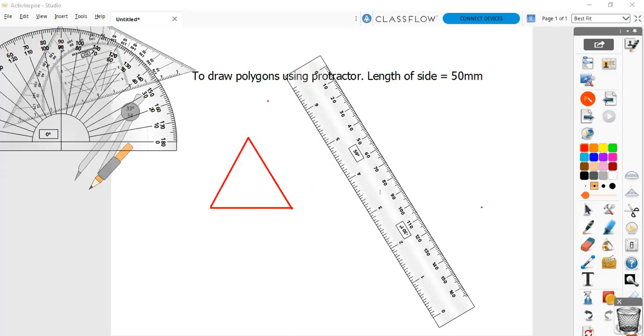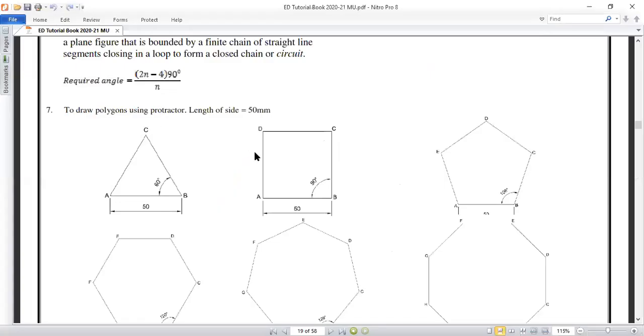Now you can use the same equation if you wanted to draw 4 sides. So here use n is equal to 4 and try to calculate the required angle. If your n is equal to 4, use it in this equation to find out the angle.